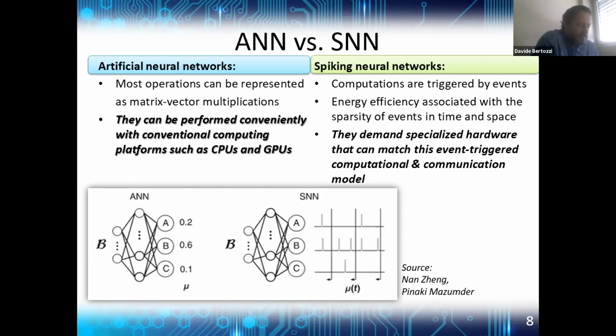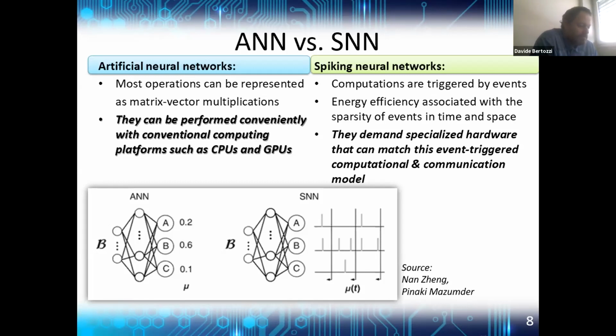This is a key concept. And if you think about it, it is exactly the high power demand for inference of artificial neural networks which is limiting their spread in contexts where energy matters a lot, such as devices at the infrastructure edge. At the same time, spiking neural networks demand specialized hardware that can match this event-triggered computational model.